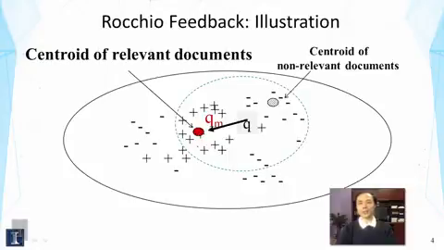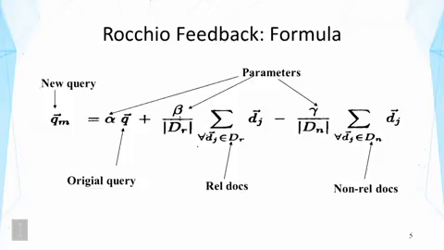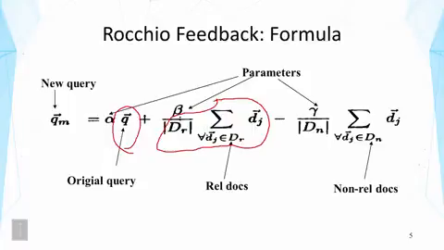Of course, you can consider the centroid of negative documents, and we want to move away from the negative documents. Now, geometrically, we're talking about moving the vector closer to some other vector and away from other vectors. Algebraically, it just means we have this formula. Here you can see this is the original query vector, and this average basically is the centroid vector of relevant documents.